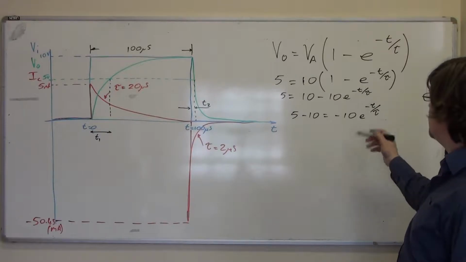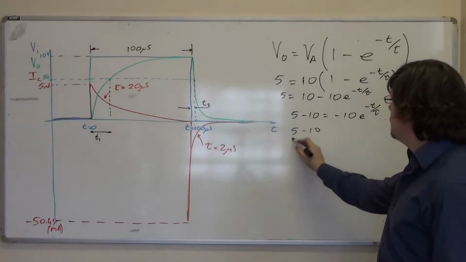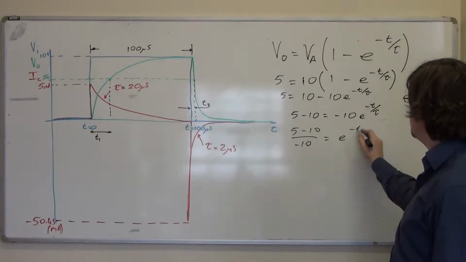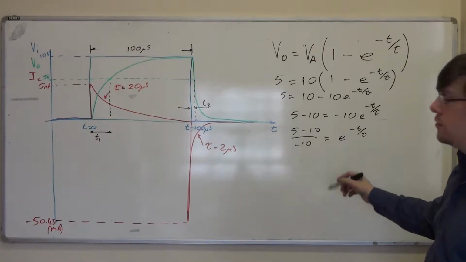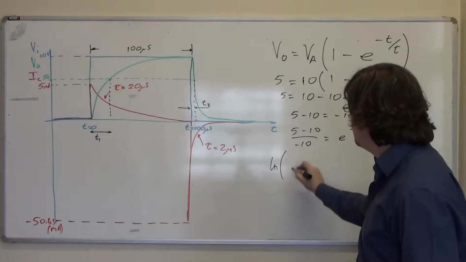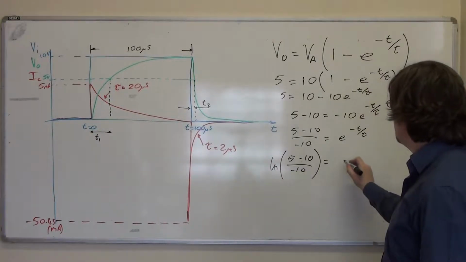And then we'll divide through by the minus 10. So we'll have 5 minus 10 upon minus 10 is equal to e to the minus t upon tau. So then we'll take natural logarithms of both sides, so we'll have ln of (5 minus 10) over minus 10 is equal to minus t over tau.